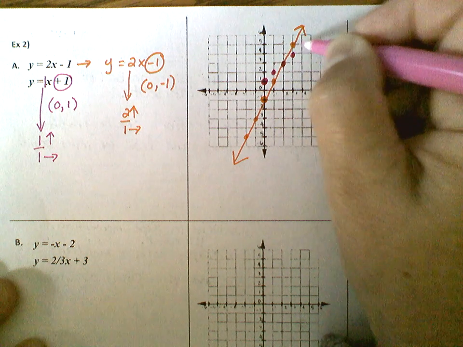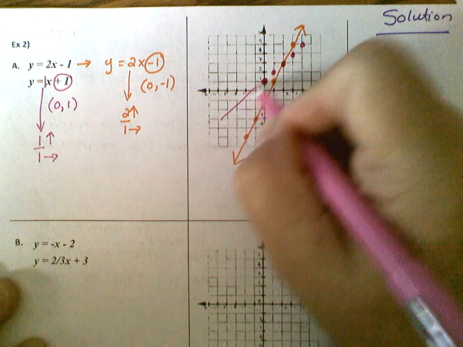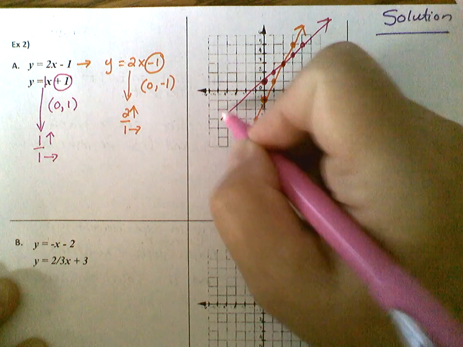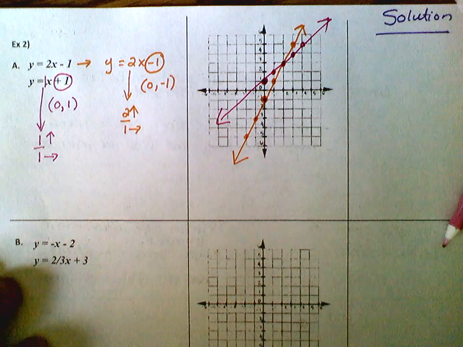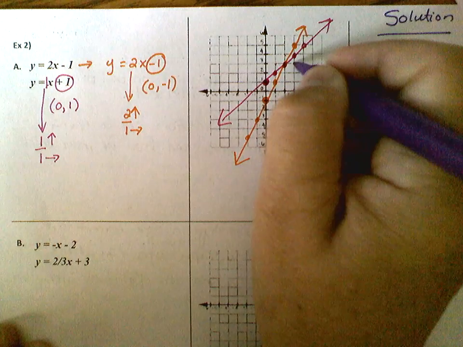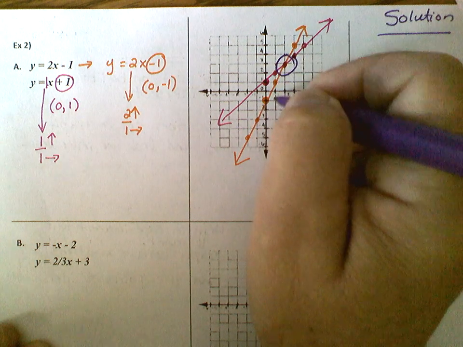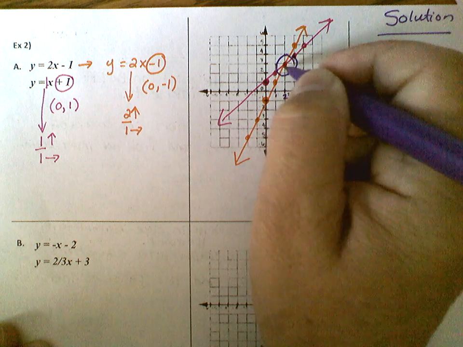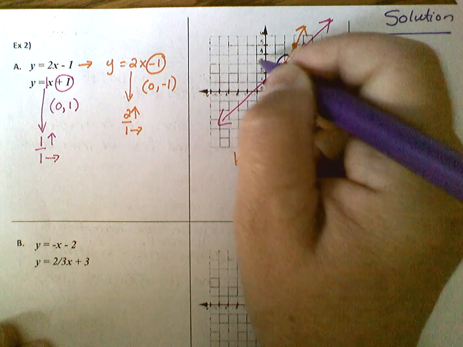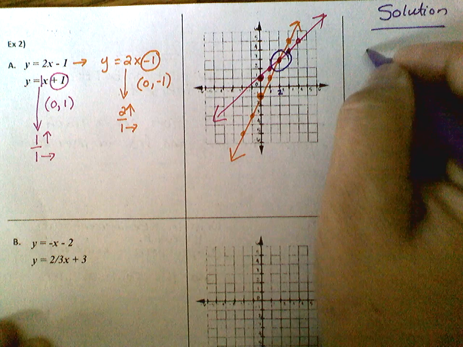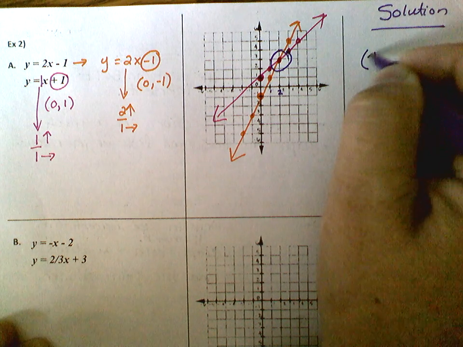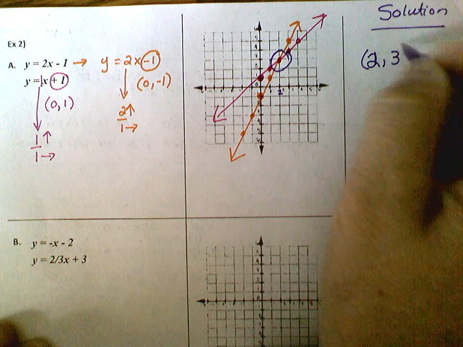And I see that point of intersection right here. So that's 1, that's 2, and up 1, 2, 3. So it is the point 2, 3.